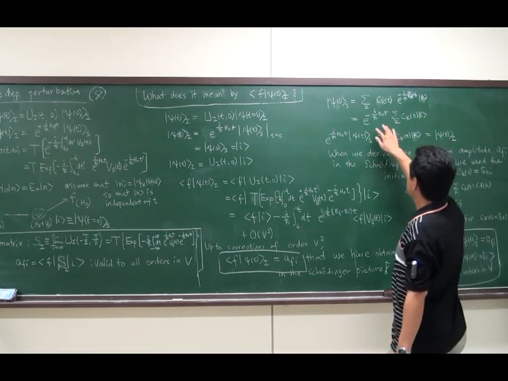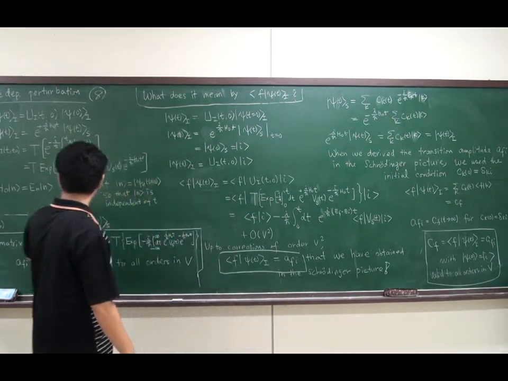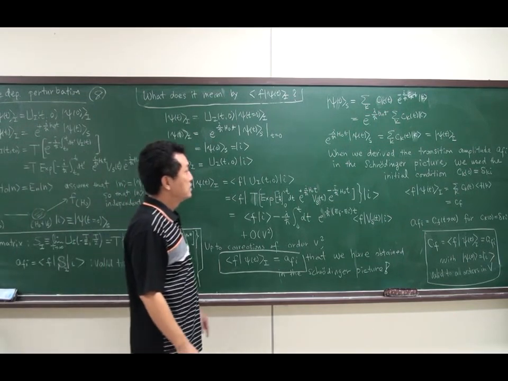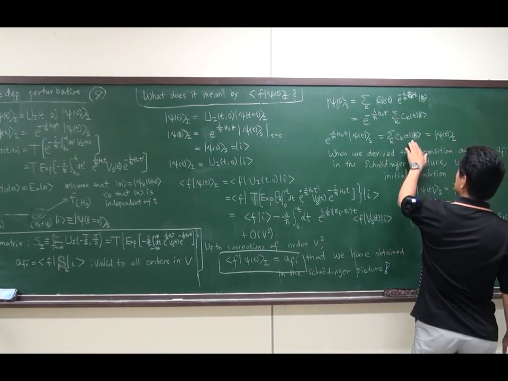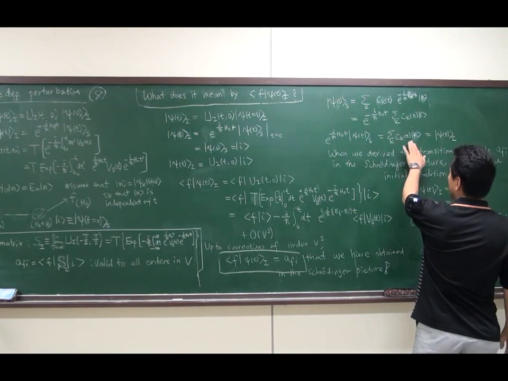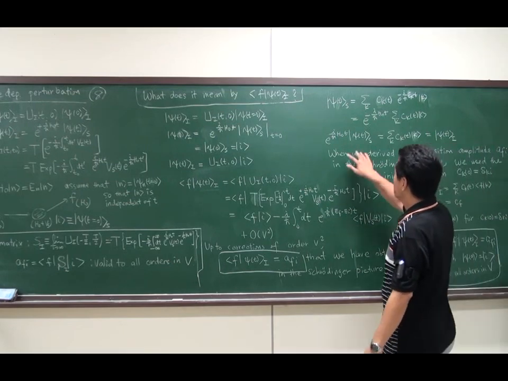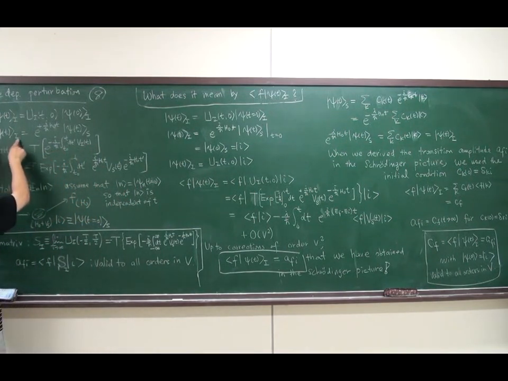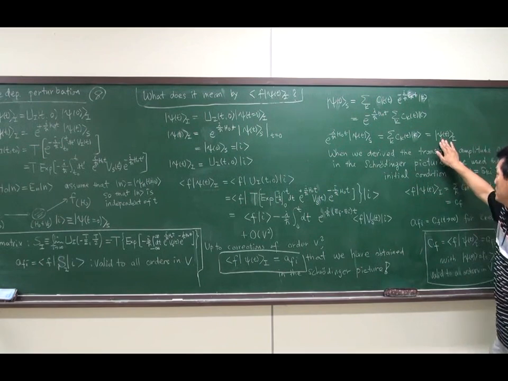So if I multiply by this inverse time evolution operator for the unperturbed Hamiltonian H0, I get this kind of expression. The right-hand side is just a linear combination of the unperturbed states. And the left-hand side, by the definition of the interaction picture wave function, is just the interaction picture wave function at time t.